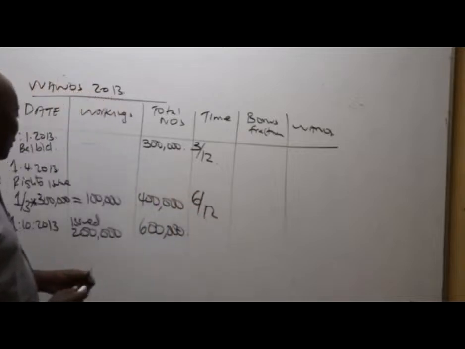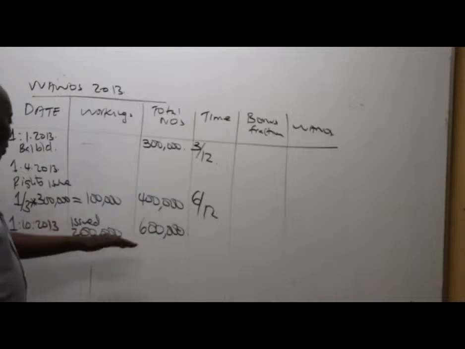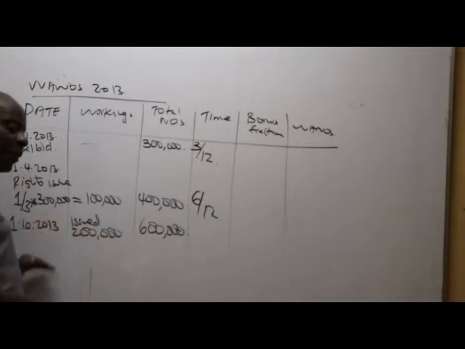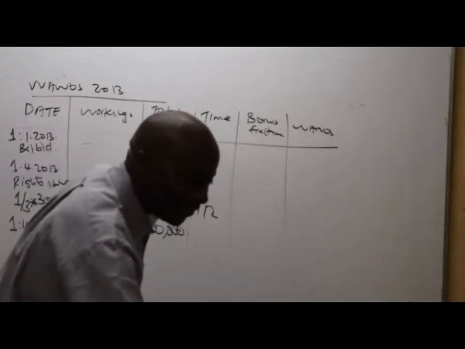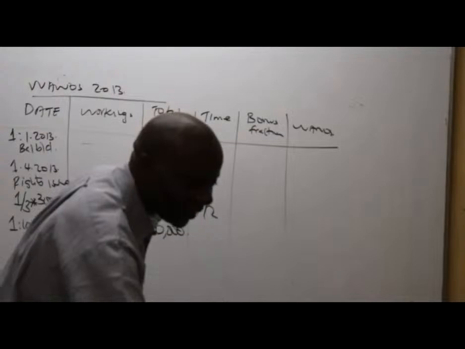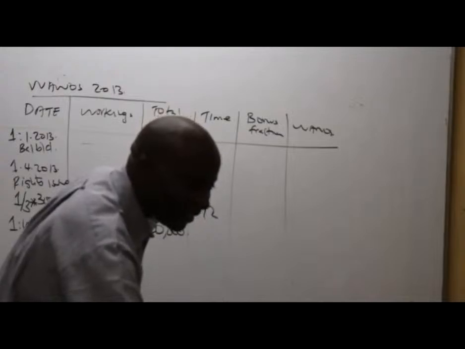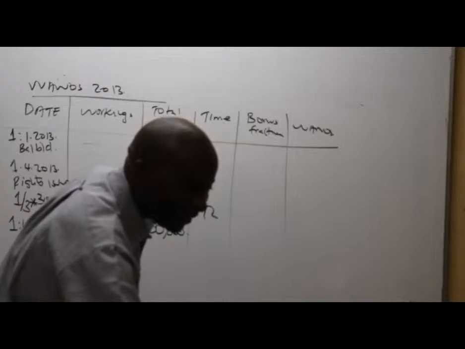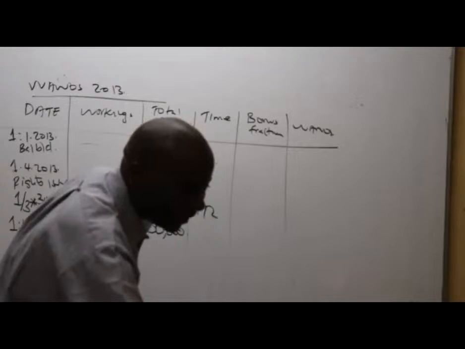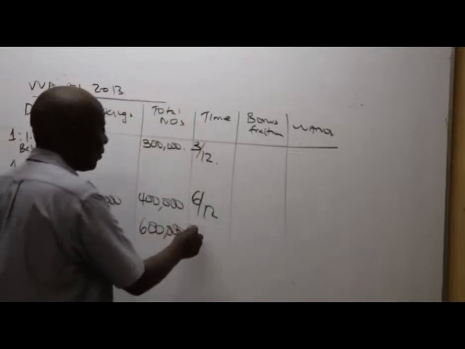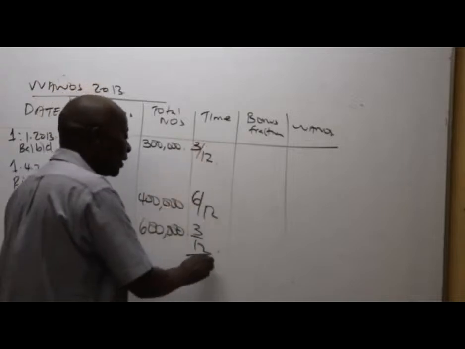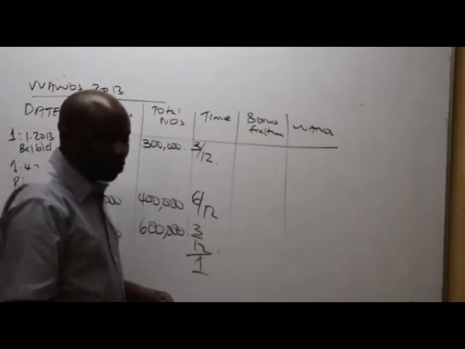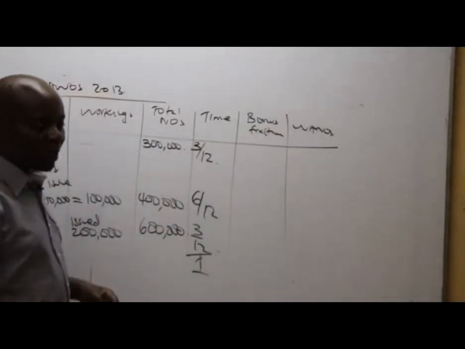From there, ladies and gentlemen, now from this month to the end of the year, to December, of course there will be 3/12. And of course, time fractions, when you add them, they must always add up to 1.